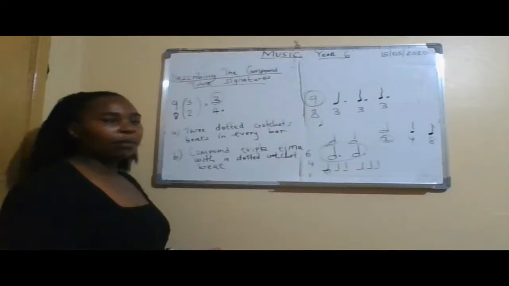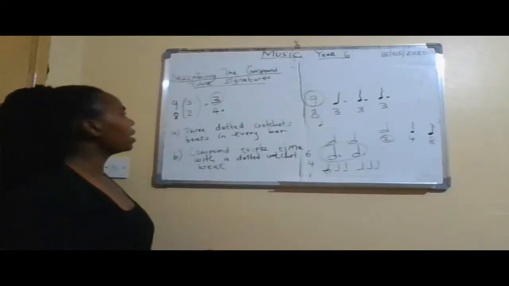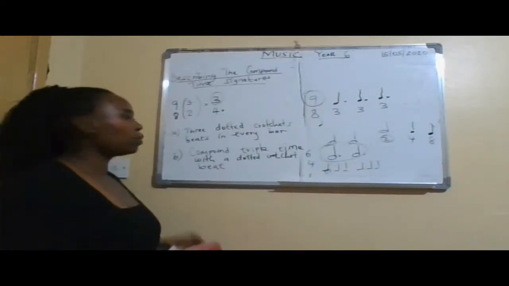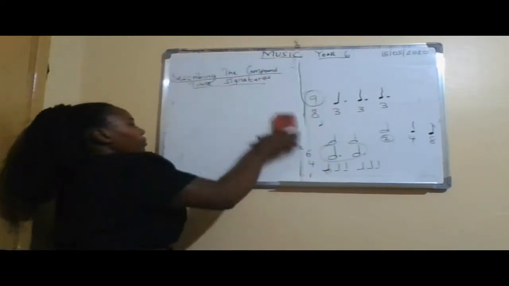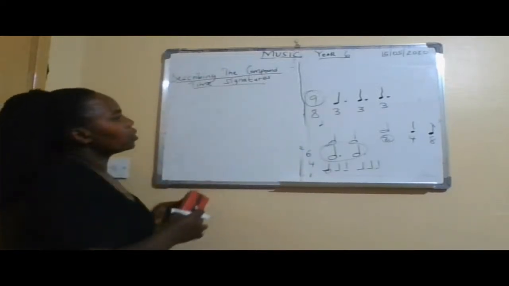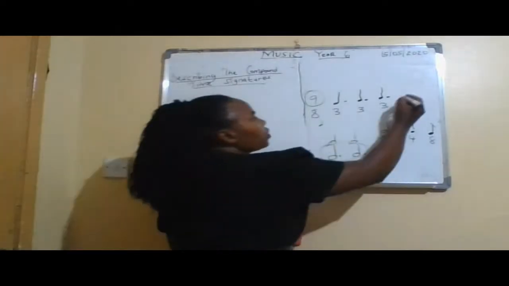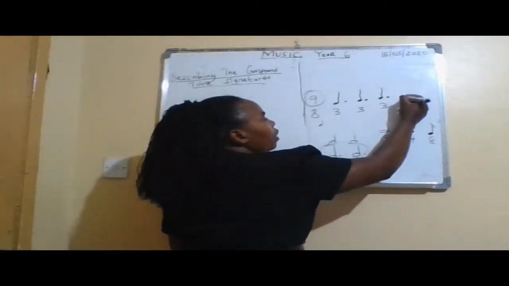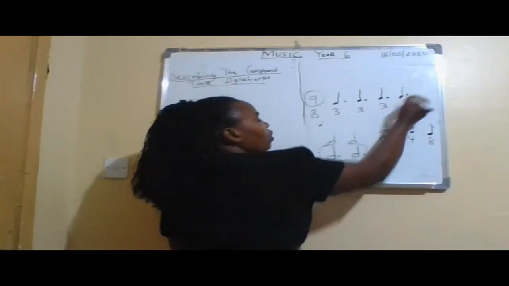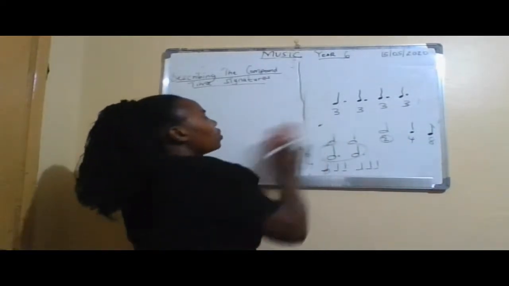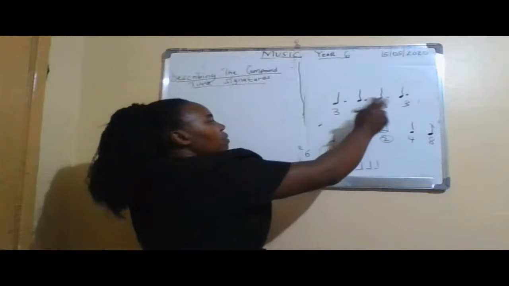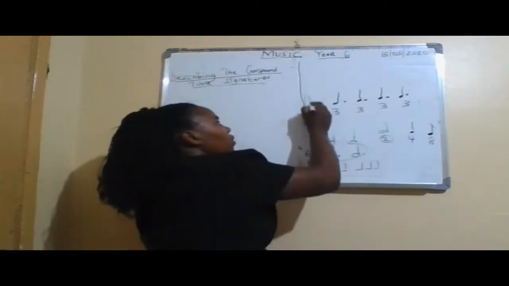Now the last example we are going to look at is in quadruple time. So in quadruple we are going to add 4 dotted crochets to make it 4. So class, we are going to add a 3 there. So 3 plus 3, that is 6, plus 3, 9, plus 3, that is 12.